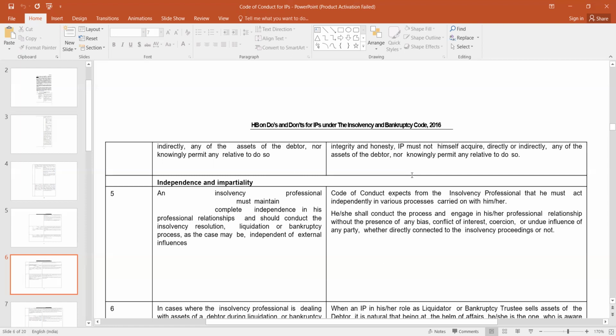But independence and impartiality means that you are independent. Whenever you take any decision, that is not influenced by any external or internal influences. That is the point, basically. So you have to maintain complete independence and should conduct the process independent of external influences.